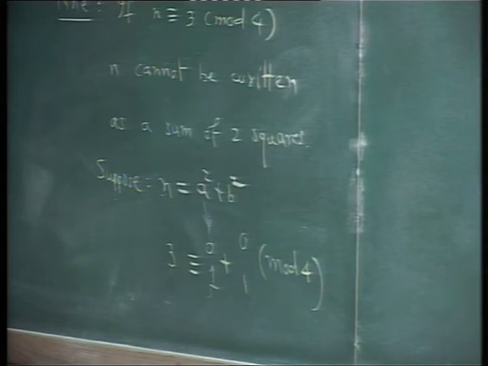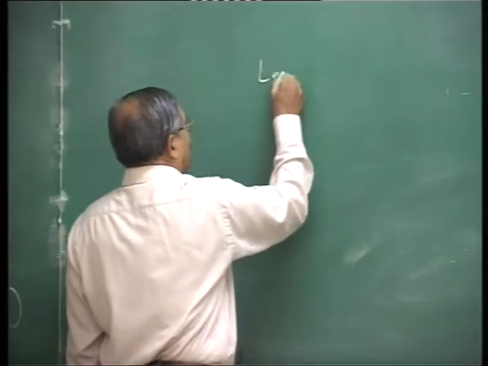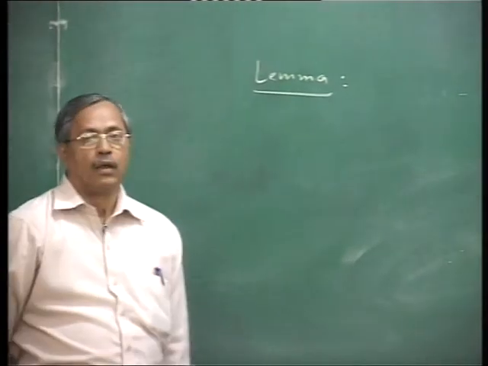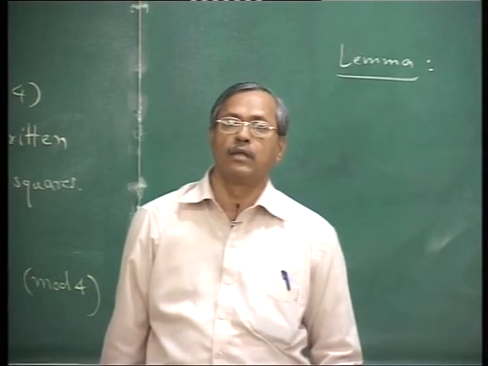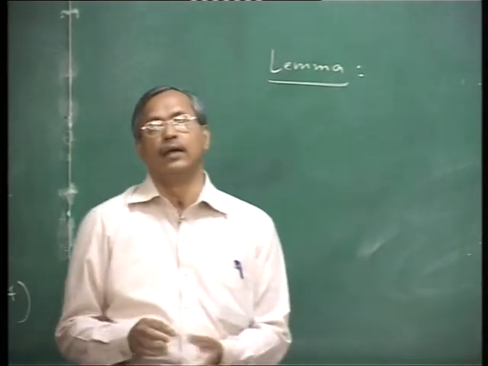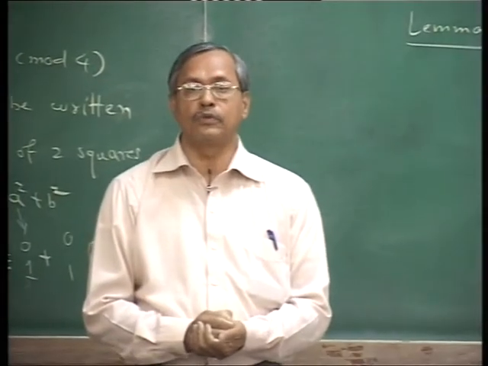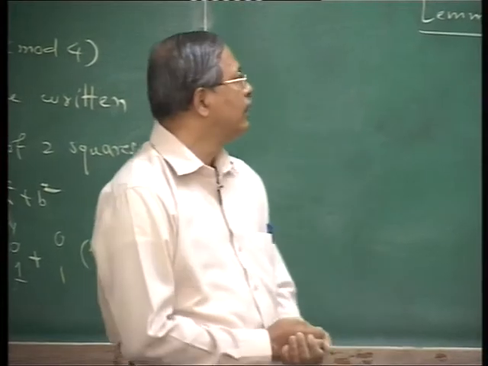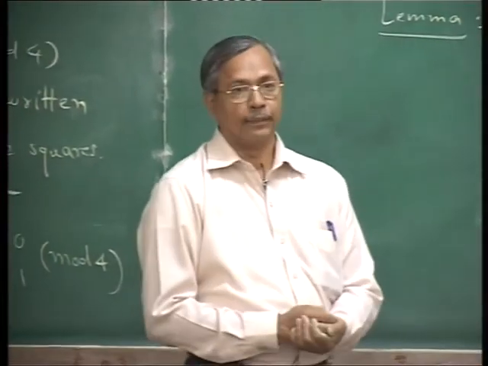Now to get Fermat's result, we have this lemma. This lemma will say that if q is a divisor of a square plus b square. So we are studying numbers of the type a square plus b square, and suppose q is a prime which divides a square plus b square, then q will divide each of a and b.